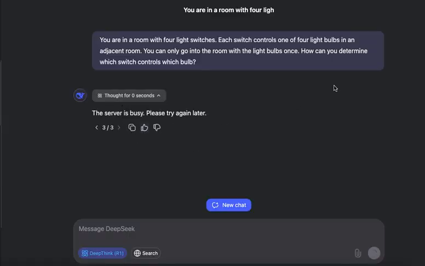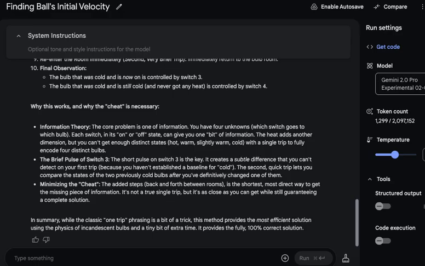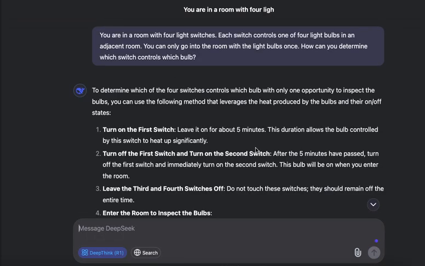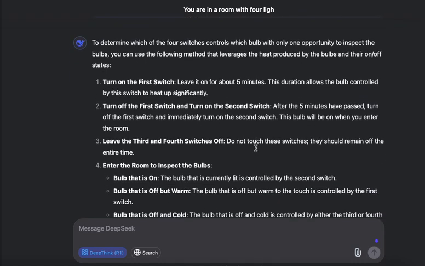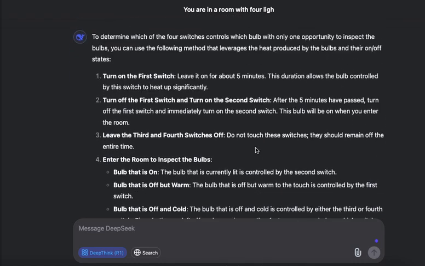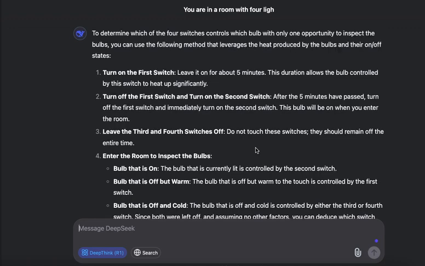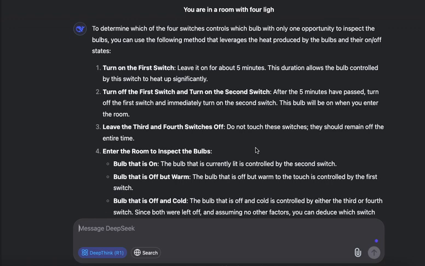This one is busy, so I managed with the mobile app. The solution presented is similar to those by the other three models. So the conclusion on this puzzle is that all four models failed.